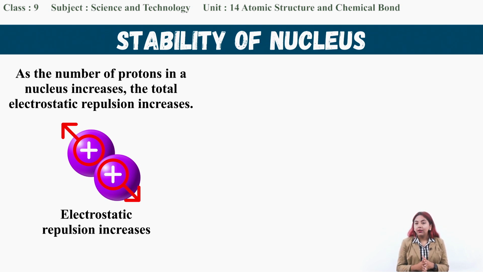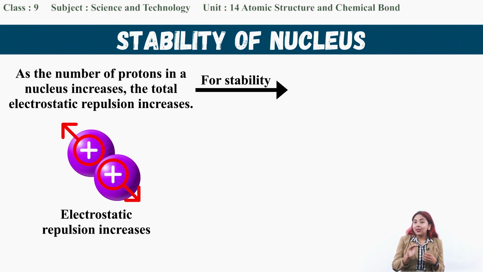Can you guess? Yes, the repulsive force increases, because if there are more protons, then the two protons try to move away from each other. That is, the electrostatic repulsion occurs. So, if the number of protons increases, the total electrostatic repulsion also increases.